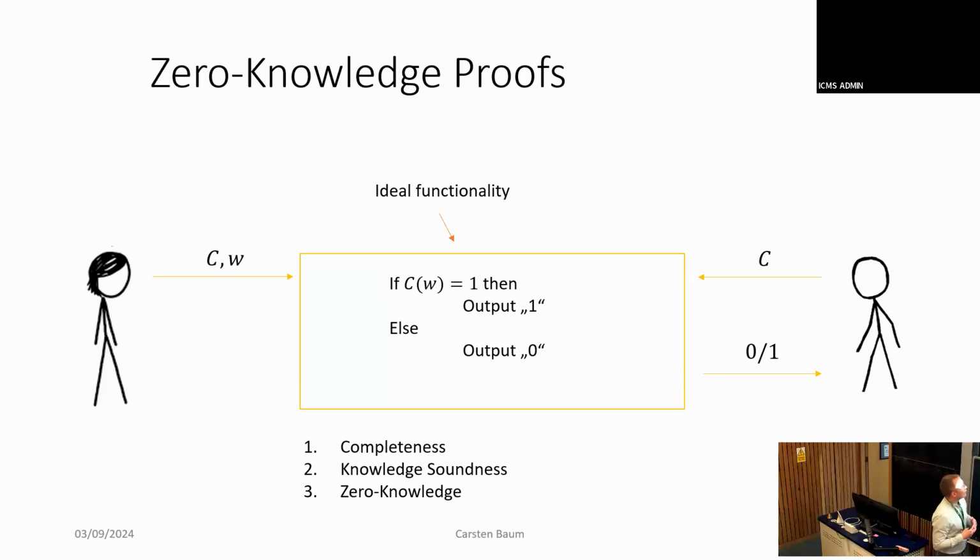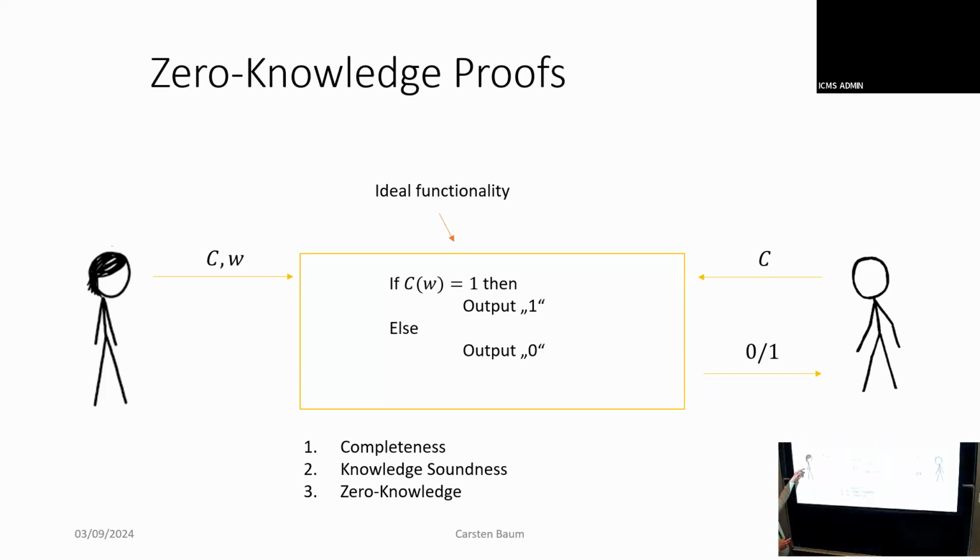It first waits for input from Alice and Bob, and Alice is going to input some kind of circuit describing a computation, and then a witness. She inputs that into the box. Nothing else happens. And then Bob says, well, that computation looks kind of cool, so let's do that computation on that witness, which I have no idea about.